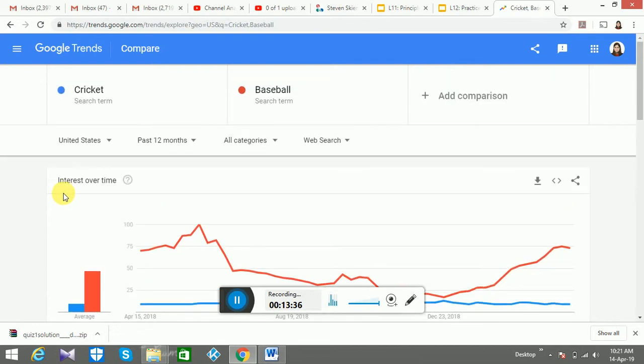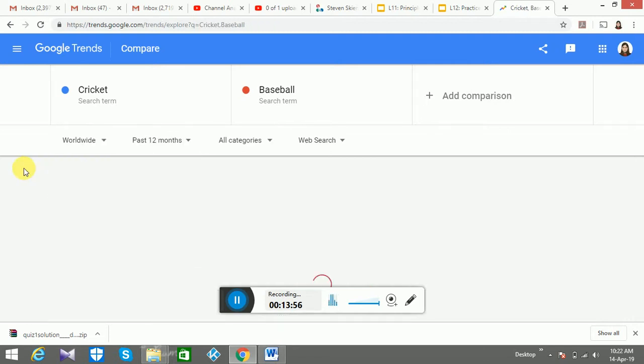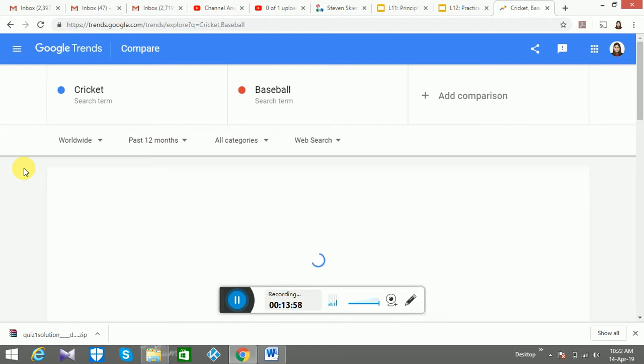You can see here that baseball has been searched a significantly larger number of times than cricket over the past 12 months. But that is because we're looking in the United States, because baseball is popular in the United States. Actually, it's mostly played in the United States. But if I see the worldwide comparison, I would expect cricket to score higher.